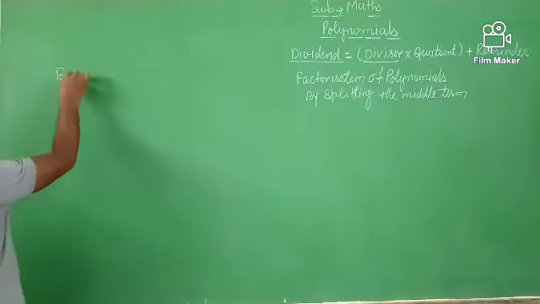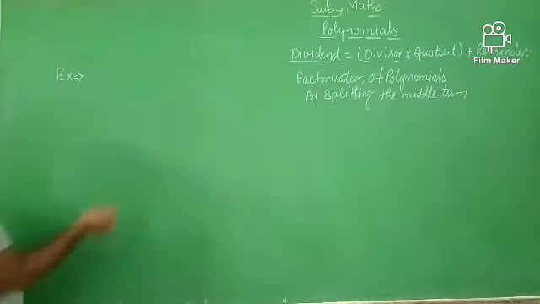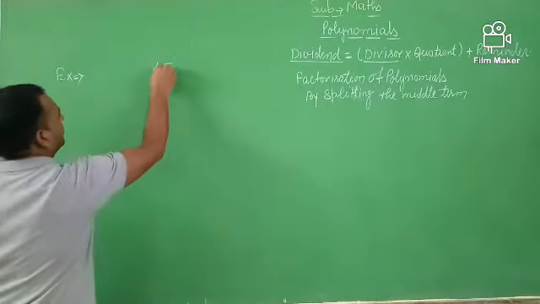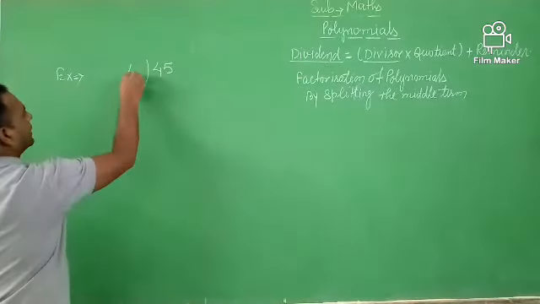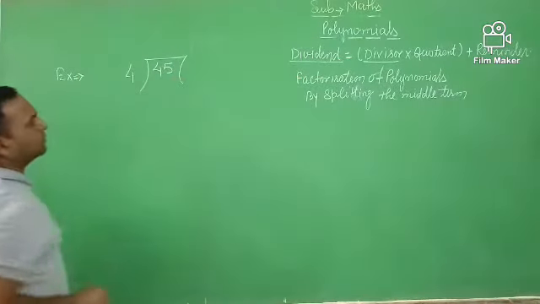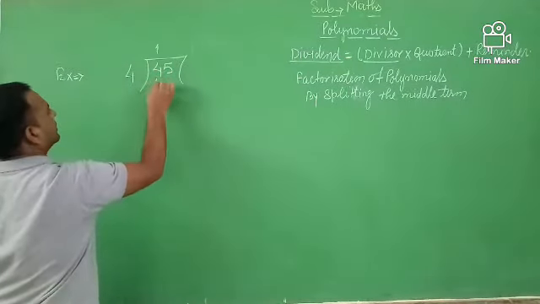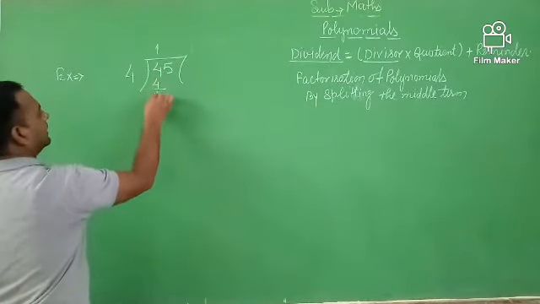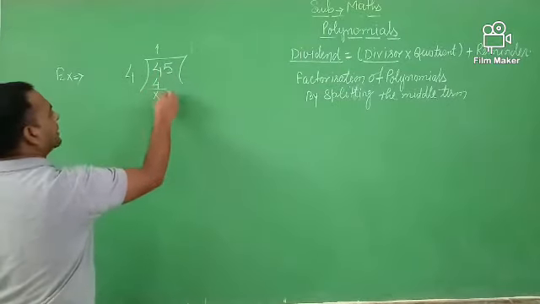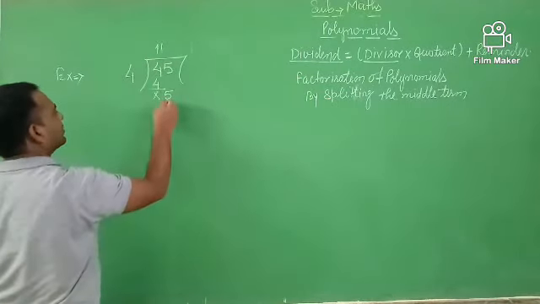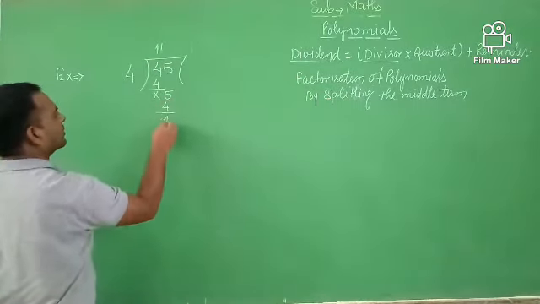Here is an example. Suppose I divide 45 by 4. 4 ones are 4, that gives 0, and here is a 5, then 4 ones are 4, and here is a 1.